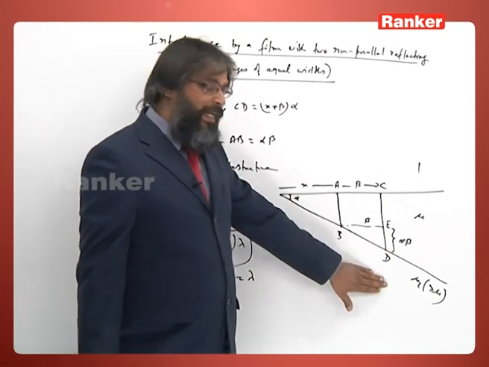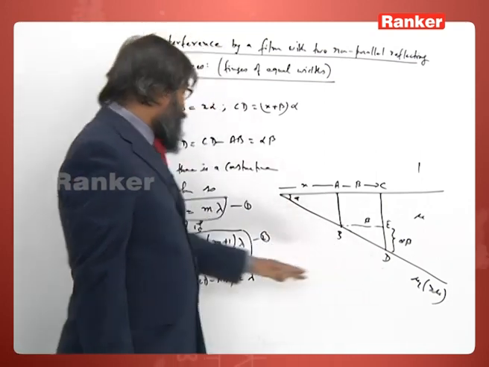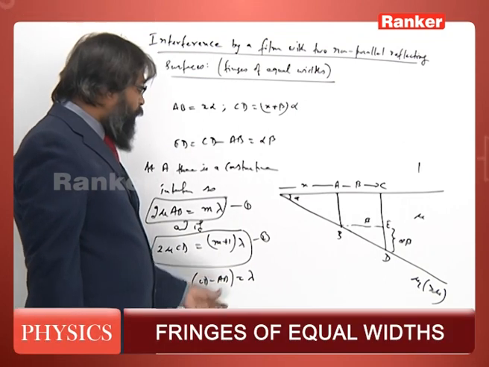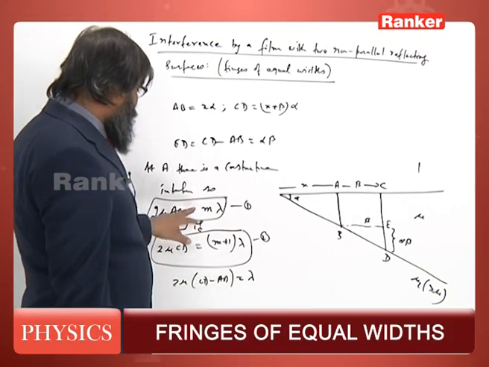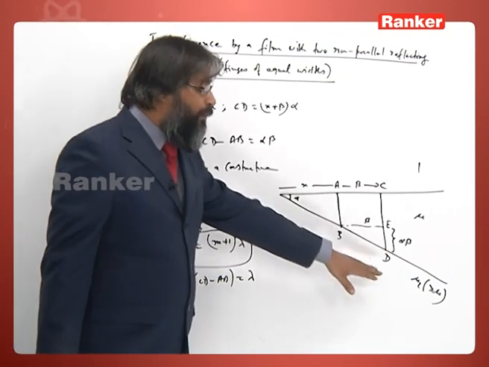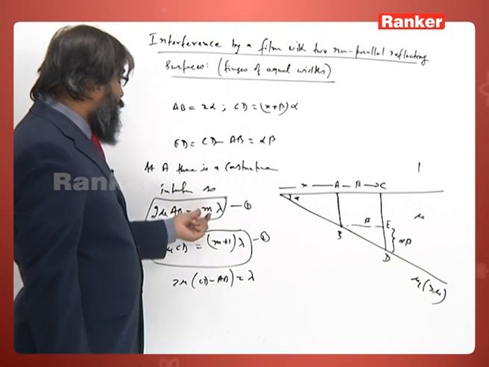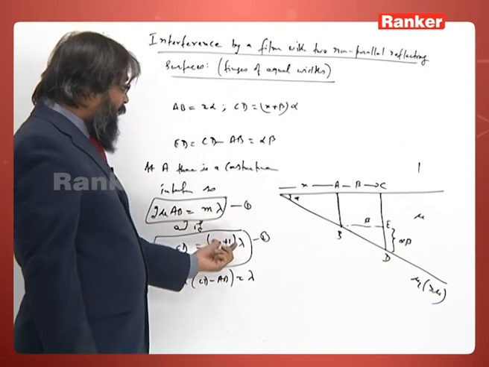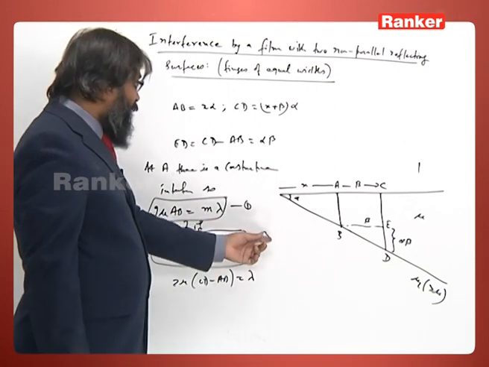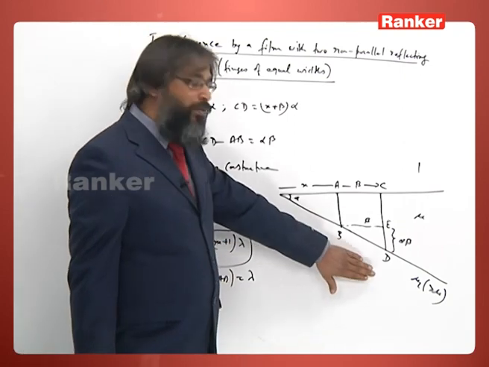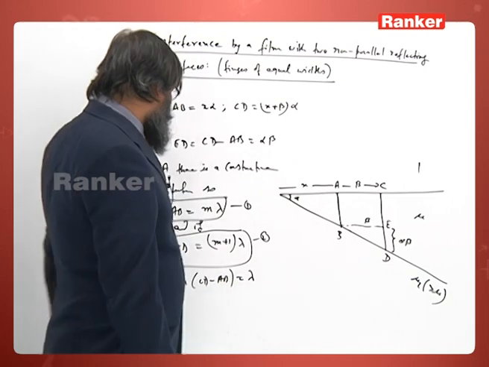So whether this is a rarer medium or denser medium, the difference of these two will be okay for both the cases. Presently I have written m lambda assuming a denser medium, but for rarer I have to change it to (2m plus 1) lambda by 2, and here it will be plus lambda. So the difference will give only this, and we need not bother whether it is denser or rarer medium.